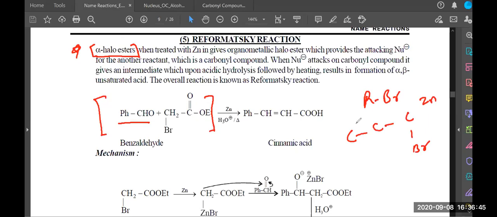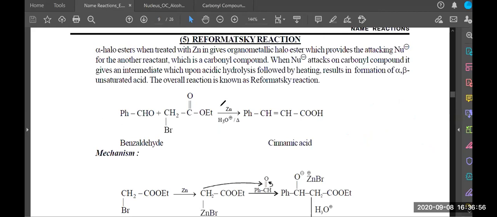No one is raising their hand. No one remembers. Yes, exactly. See, the Zn will remove this Br. Yes or no? Zn will remove this Br.